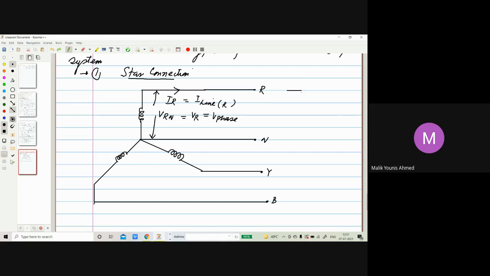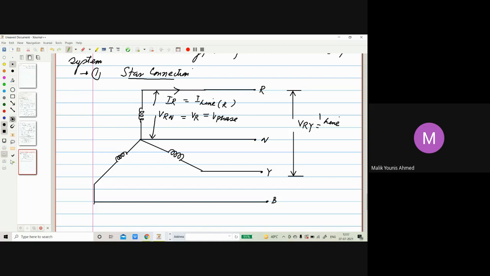Let's say I have this line and I have this line. So this will be between two lines, so voltage will be VRY. That means line to line voltage, or we also call it line voltage.